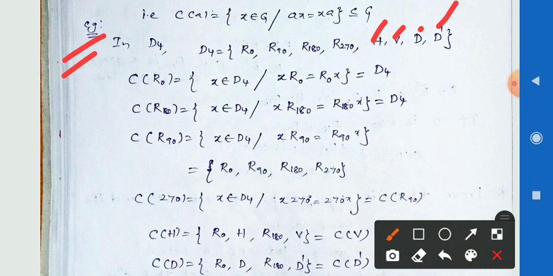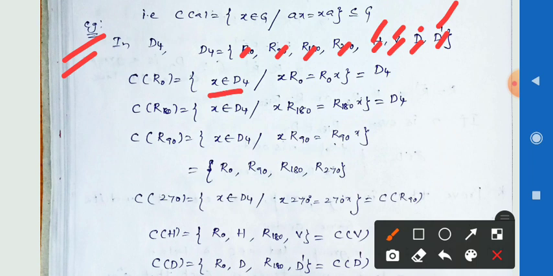Here rotation 0 is fixed, and X is any element in D4, that is R0, R90, R180, R270, H, V, D, D dash.